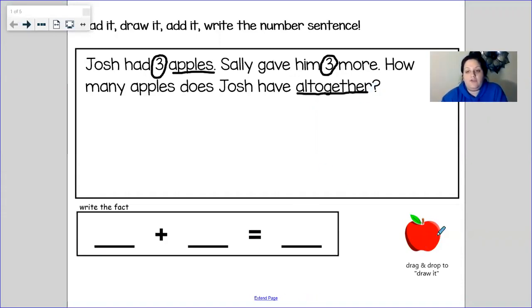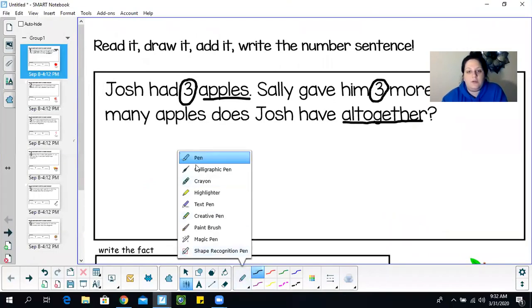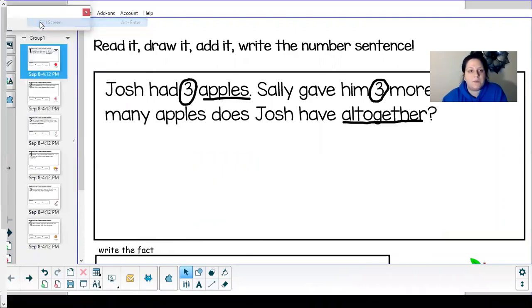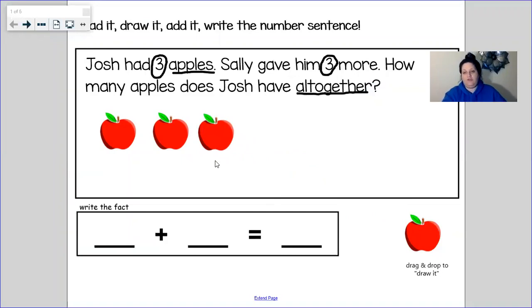So I'm going to drag apples to kind of show you the problem. So Josh had 3 to start, so we're going to do 1, 2, 3. So that's when you would be drawing your apples in the square on your sheet. So right here, you should draw 3 apples. And then after he had 3 apples, Sally gave him 3 more apples. So then you're going to draw 3 more.